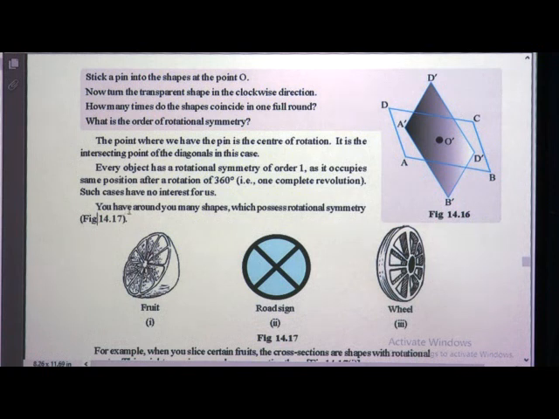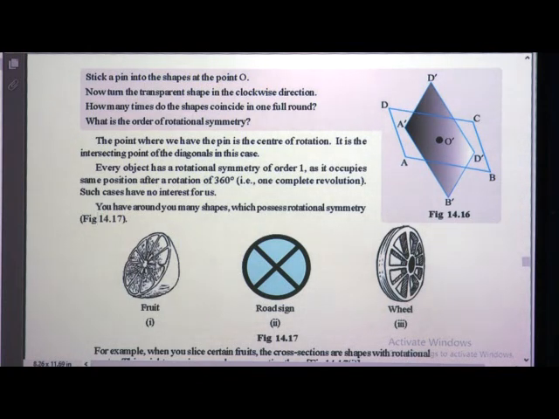Around you there are many shapes which possess rotational symmetry.